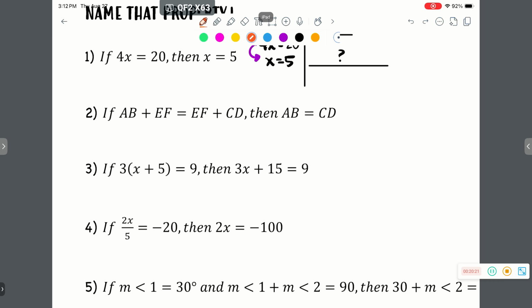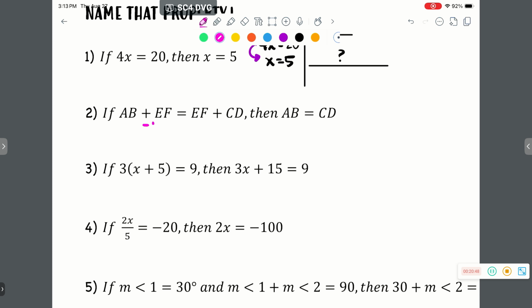But you have to ask yourself, what did they get rid of to go from this equation to this one? They got rid of the EF on both sides. If I cover up the EF on both sides, doesn't that give me this? So how would I get rid of the same EF from one side to the other? You would subtract it away, right?